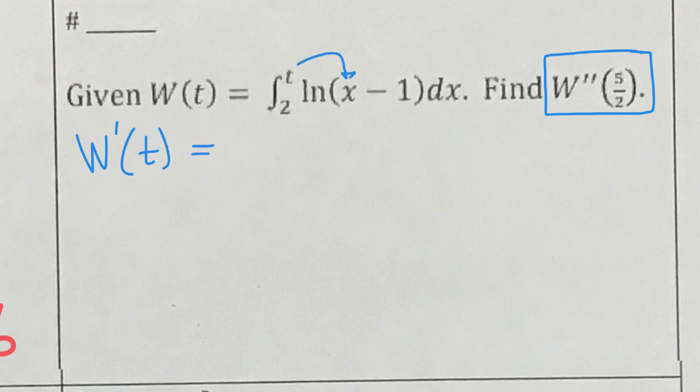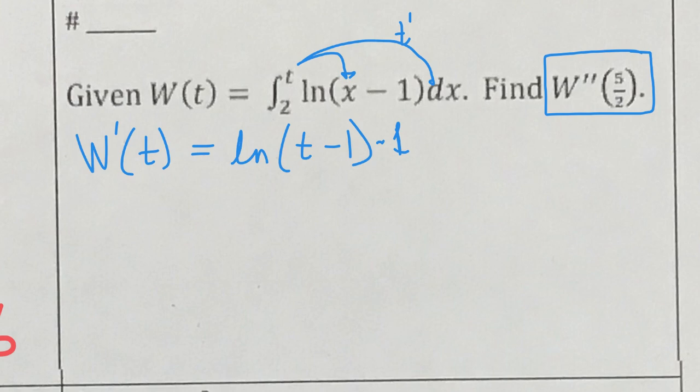We're going to replace x with our variable of integration, so t minus 1, times 1, because you have to multiply it by the derivative of that variable of integration also. So most of the time today, that's been just a derivative of 1. It won't always be that way, which is why I'm doing it every single time, so that you know to multiply by the derivative of that variable of integration.